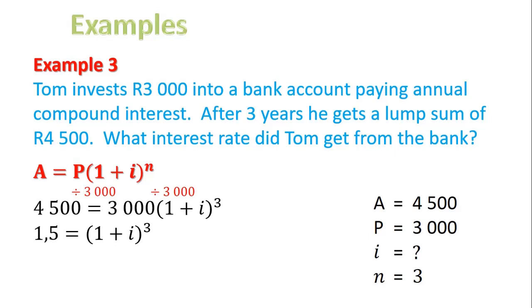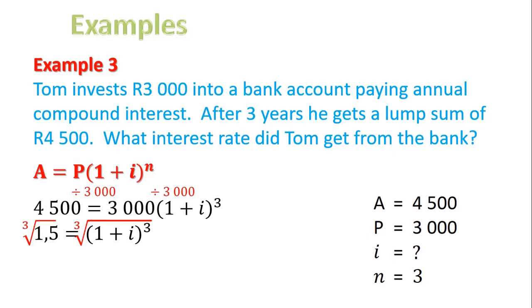Now I don't want the bracket to the power of 3, I just want the bracket by itself, and so what I have to do is take the cube root of each side. Because it's 1 plus I all to the power of 3, I take the cube root. If it was 1 plus I to the power 7, I'd take the 7th root, but it's to the power of 3, and so I take the cube root.